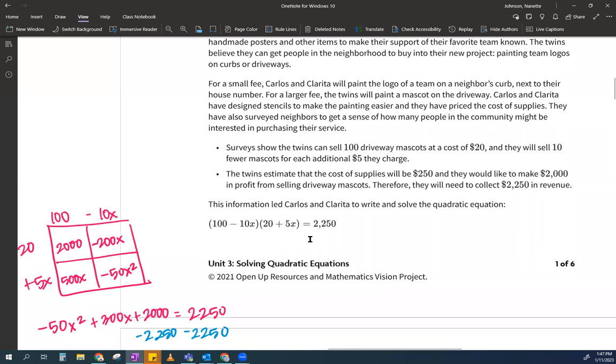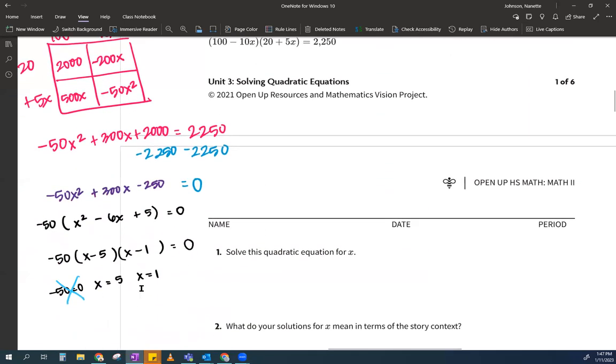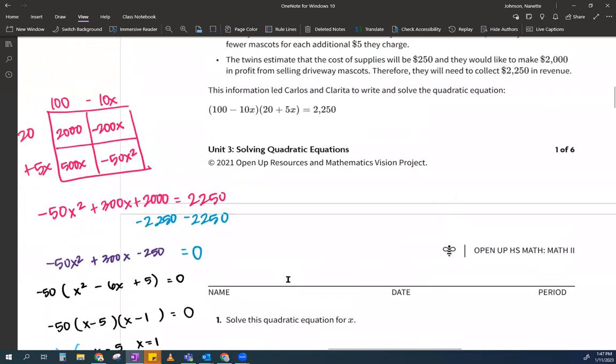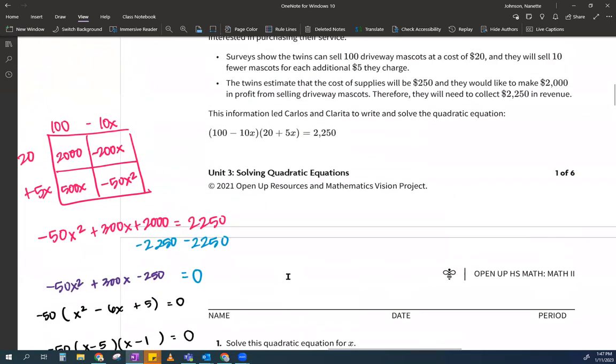So any ideas on what it means? What does x is equal to 1 and x equals 5 mean? Yeah, very good. Okay. So basically what it's saying is how many times you're going to think about lowering the number of driveways you get based on how many upcharges you're going for.